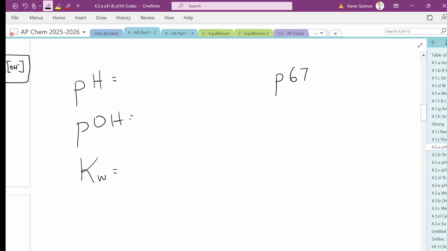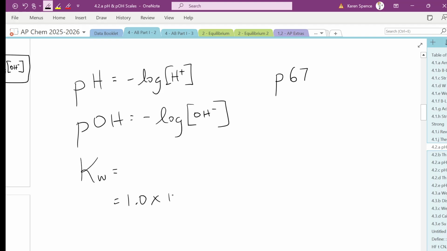Can you tell me what those three formulas are? Negative log of concentration of H+. Yay! Okay, how about pOH? Yay! And do you remember KW? It is 1 times 10 to the negative 14. And what is it equal to?